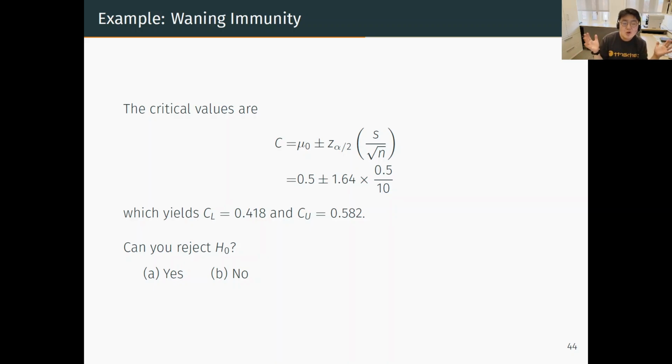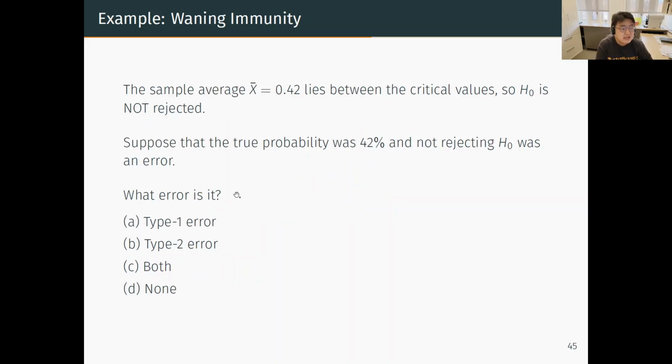So you just thought there was a random error, so you could not reject the null hypothesis. That's exactly type 2 error. The truth is not your hypothesis. Truth was not 50%, but you could not reject. So if this was an error, that is type 2 error.